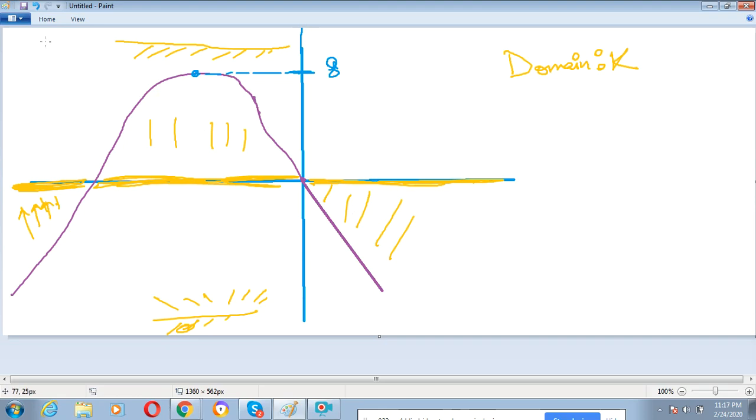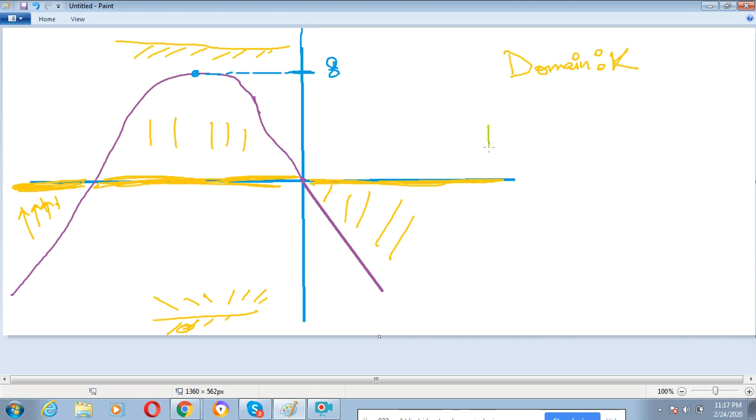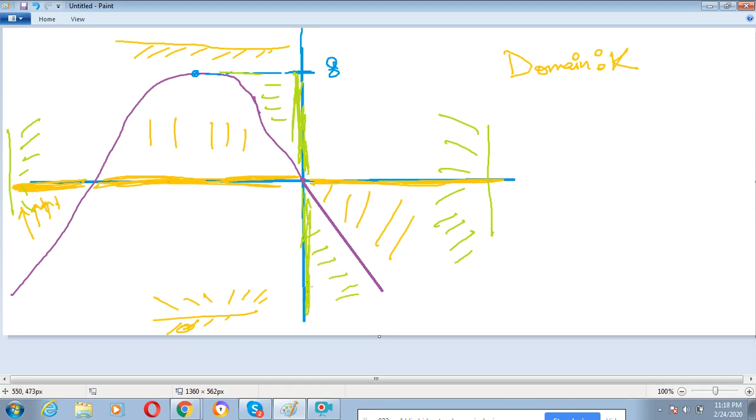Now I'll come to the y-axis. Let me take a green light. If I'm dropping a shadow on the y-axis, this shadow will fall here, and this part's shadow will fall here. This purple part's shadow will fall here, right?